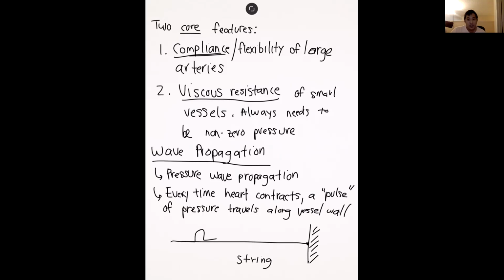These pulses are basically the same thing as our pressure pulses in the cardiovascular system. And so I'm going to use this analogy of a pressure pulse on a string to illustrate what's happening in the cardiovascular system, okay? Okay, any questions on this?